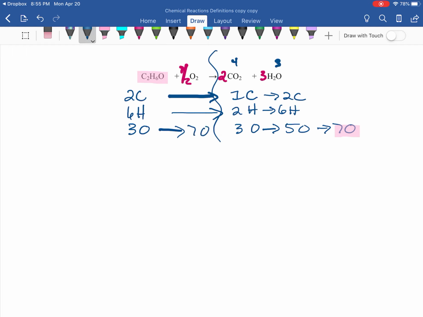Now, typically when we balance reactions in Gen Chem 1, we don't leave a fraction. So this gets us to a balanced reaction. We just don't want to leave that fraction. We want to fix it. So how do you get rid of a fraction? You have to multiply the whole thing by your denominator. So what does that end up being?